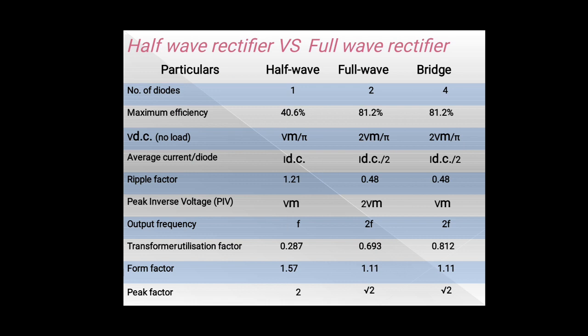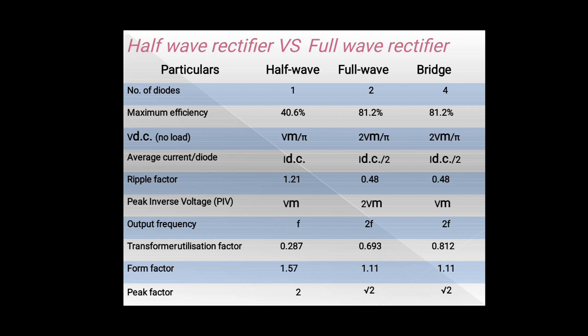So this is the comparison between the half wave rectifier, full wave rectifier and bridge rectifier for particular parameters. See the number of diodes used: half wave rectifier 1, full wave rectifier 2 and bridge rectifier 4. What is the maximum efficiency? In half wave rectifier 40.6%, full wave rectifier 81% and bridge rectifier 81.2%.